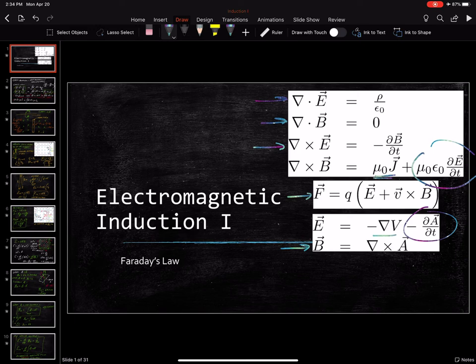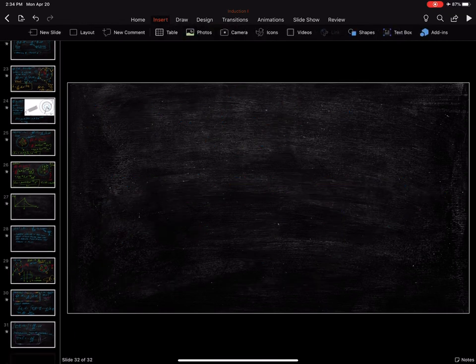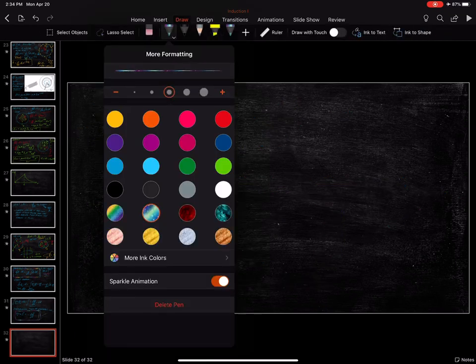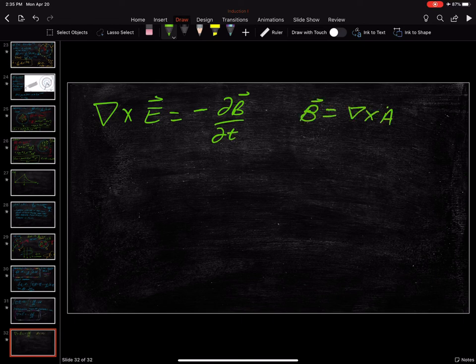In fact, I can even get this one here, but we'll talk about it next time, just for completeness. More details on this next time. I just want to write it so that we can get it. Since del cross E is minus dB/dt, and you know that B is del cross A, this is the same as minus d/dt of del cross A, which is the same as minus del cross dA/dt.